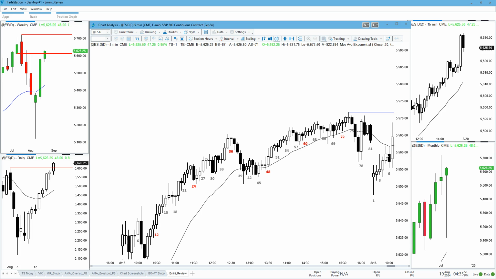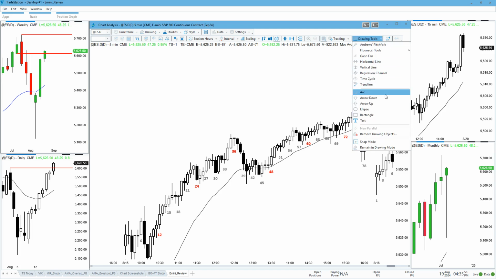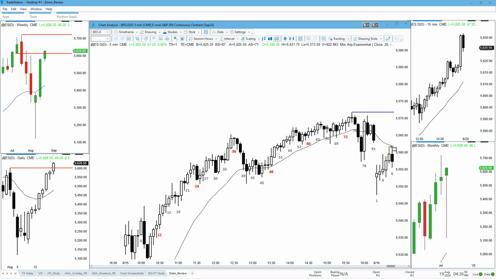So you have bears who sold above bar 6. So if you imagine you're a bear. Let me see if I can draw this quickly.